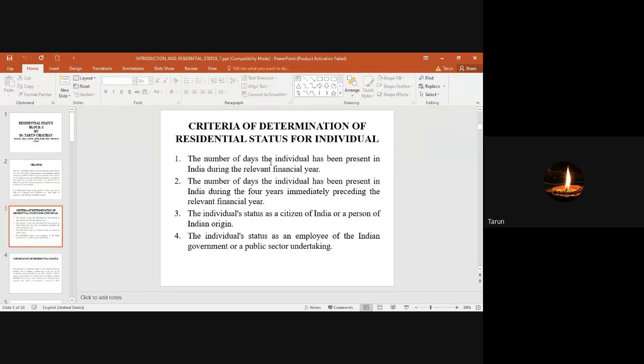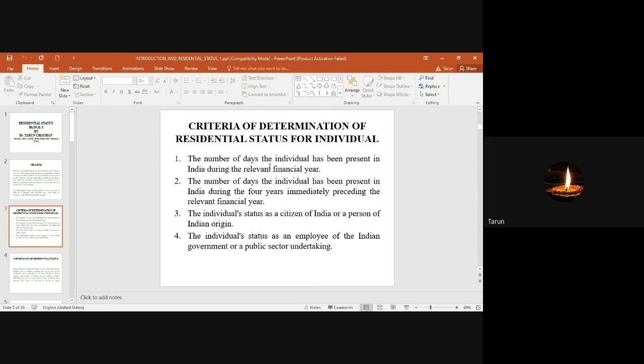These are the four main points on which the residential status can be determined. The first is the number of days the individual has been present in India during the relevant financial year. The financial year begins on 1st April of any year and ends on 31st March. This is called the financial year pattern.